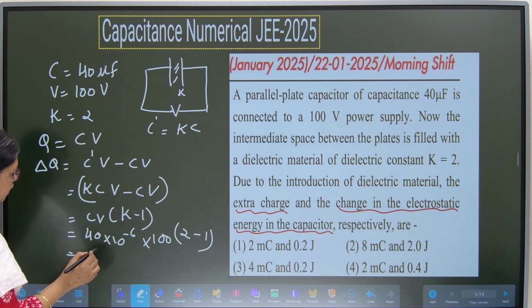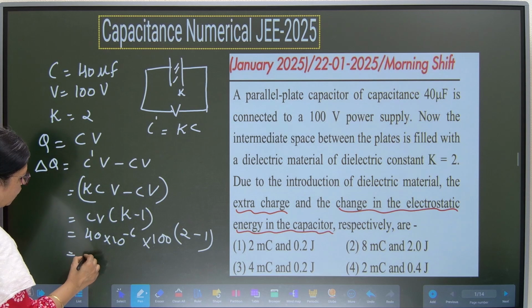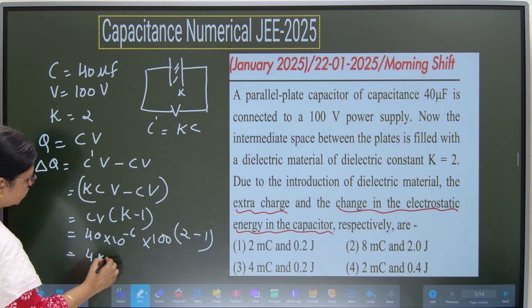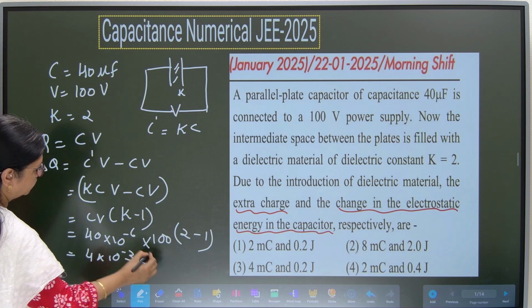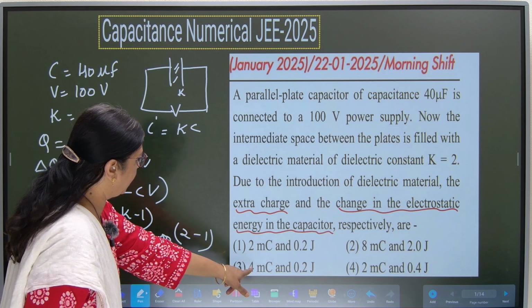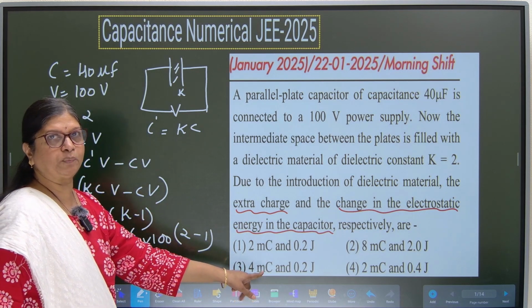So your answer here becomes 4 into 10 raised to minus 3 coulombs.